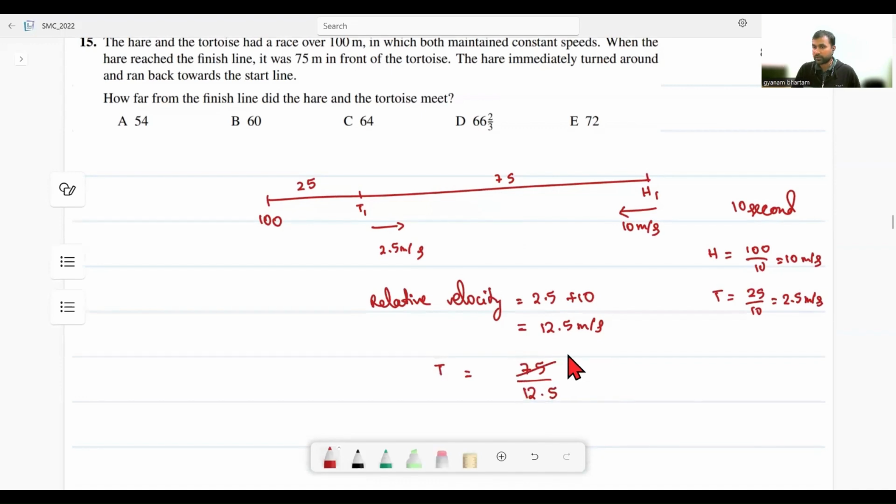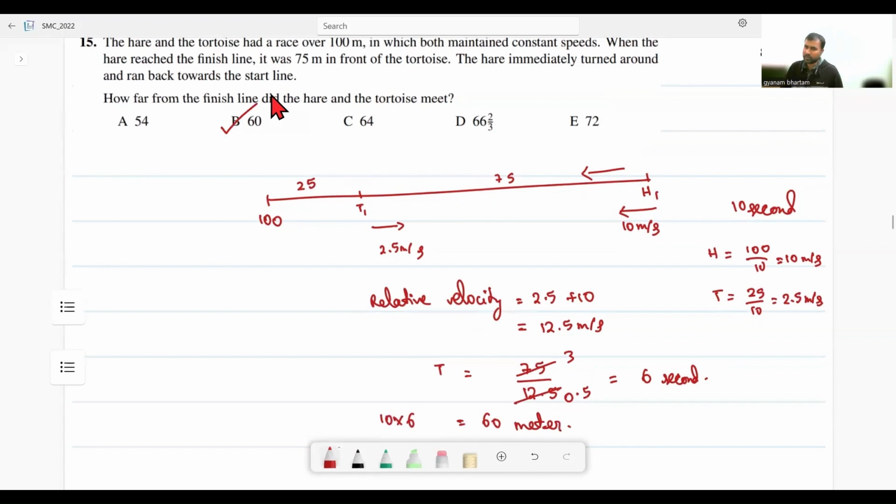Okay, so this is going to give you 6 seconds. 6 seconds means how far from the finish line did the hare and tortoise meet? So from here you have to find. Just multiply with the hare's speed, which is 10 into 6, and this gives you 60 meters.